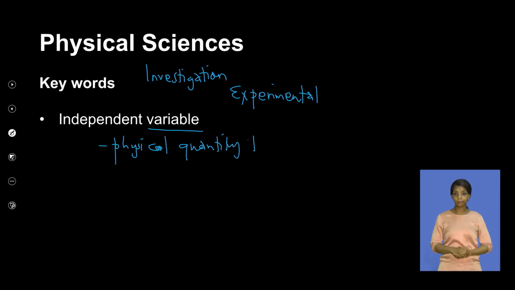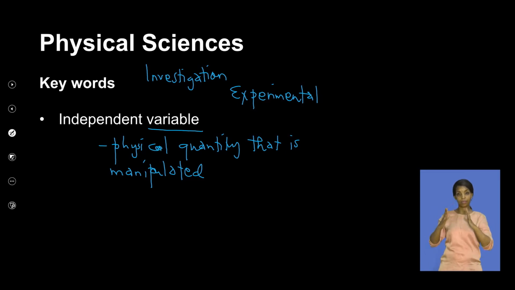What do we mean when we say it's manipulated? We are saying that as experimenters or investigators, we can change that variable to see exactly how it affects the other one. So we call this the independent variable. Take note of that, and it's always a physical quantity.